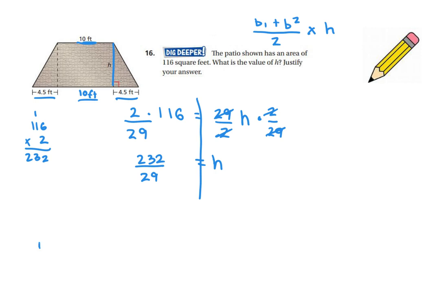I'm going to go 30, 60, 90, 120, 150, 180, 210, 240. So I'm at 240, but I did skip count 8 times, and I rounded up to 30. So if I take away 8, I'm at 232. So that tells me right there, 29 times 8 is going to give me exactly 232. 8 times 2 is 16, and 7 more is 23. So there's my 232. H is 8.